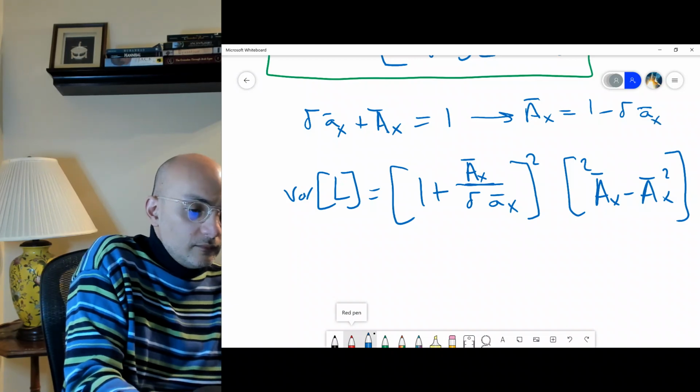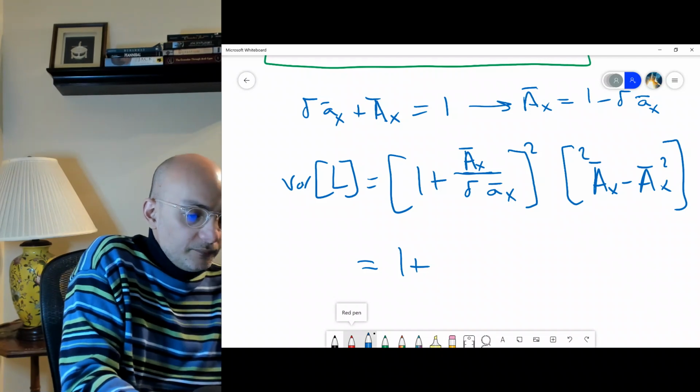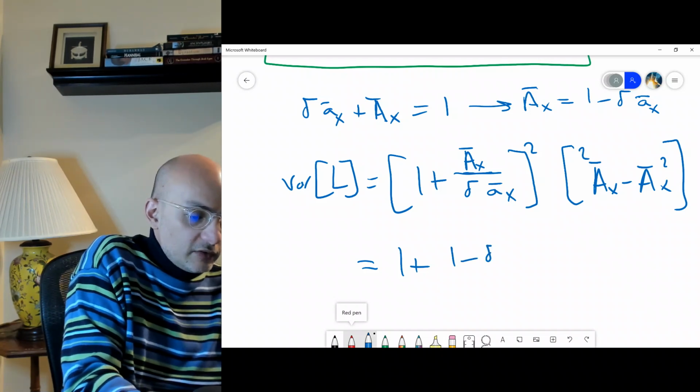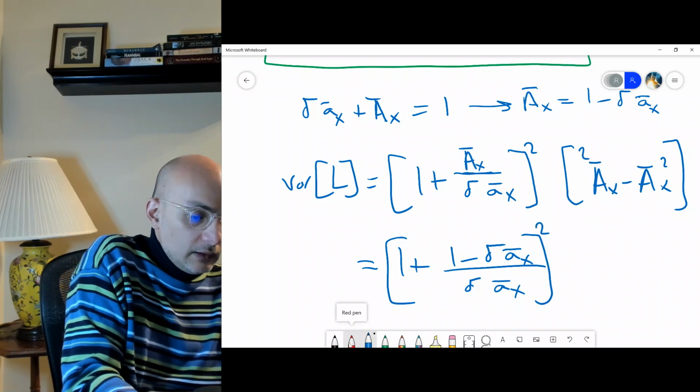A x, right? So now the variance of L is 1 plus, we replace this one, 1 minus delta A x divided by delta A x, everything raised to 2, and here nothing changes in this one.